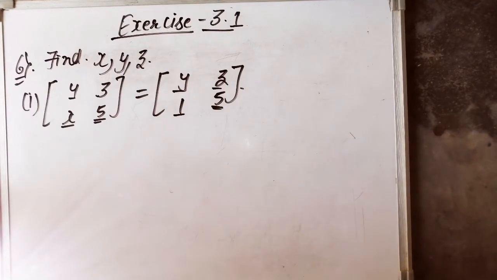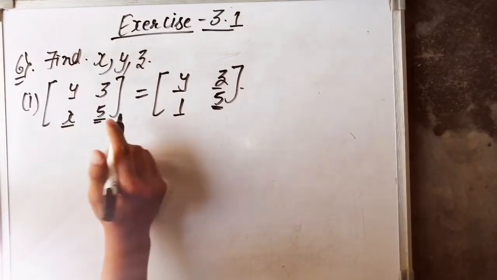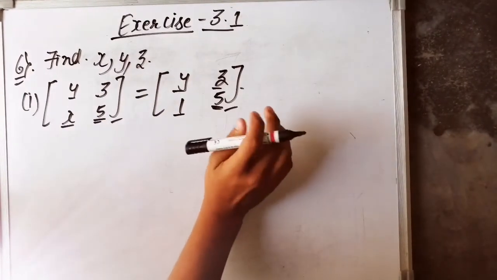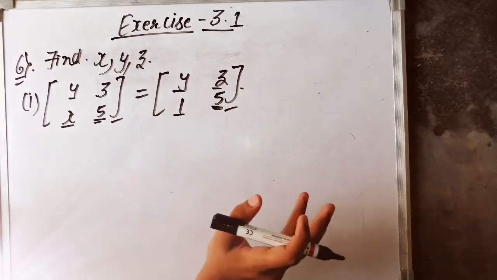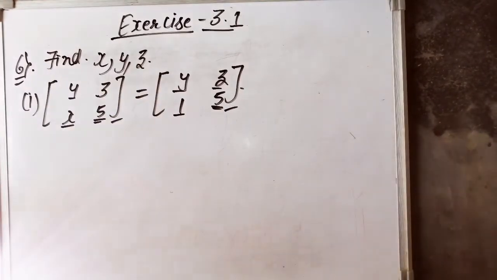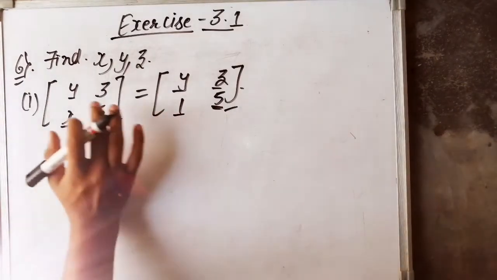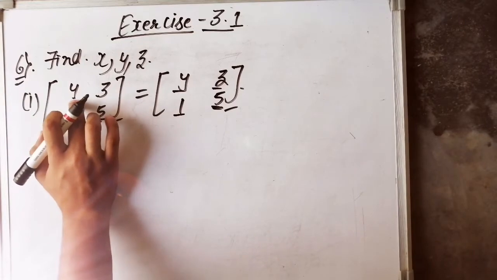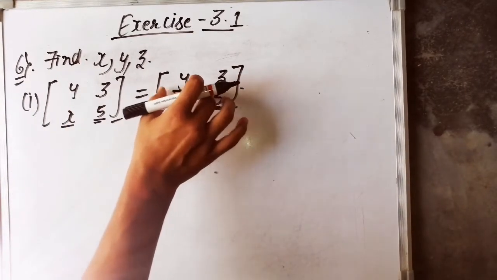The equality of matrix is quite simple. It states that this matrix is equal to this matrix, not in the form that we need to multiply or add these numbers. What you need to do is simply take this element a11 equal to a11 of this matrix and this matrix.